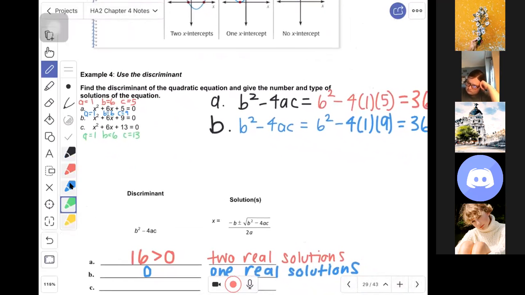So then when we do C, we get 6 squared minus 4 times 1 times 13. And Jordan, what did you get for 4 times 1 times 13?